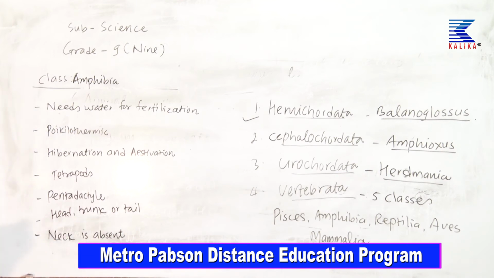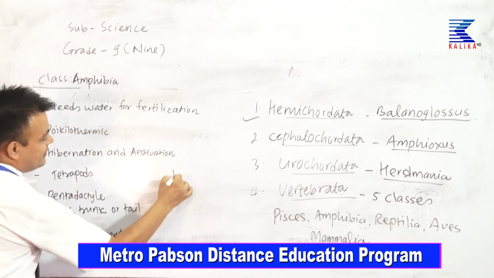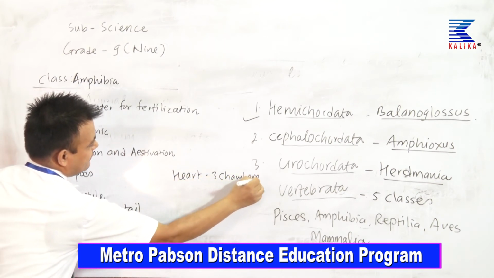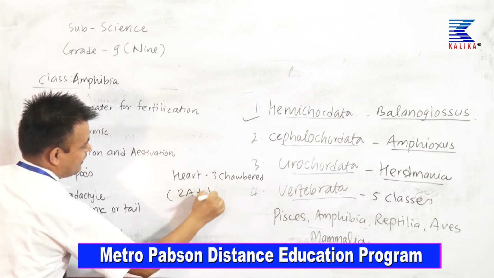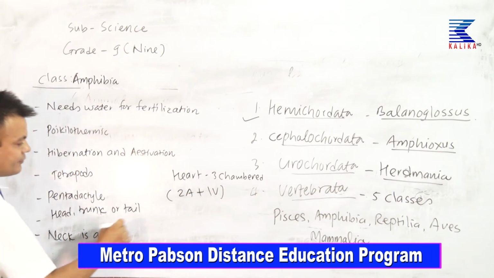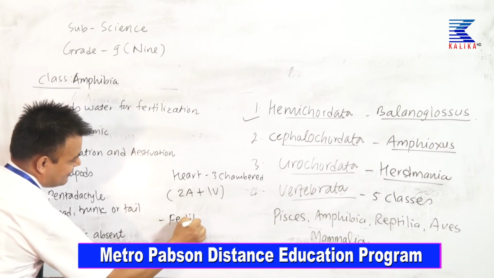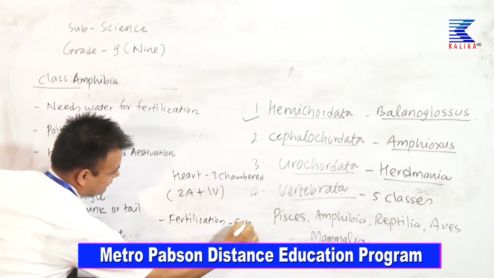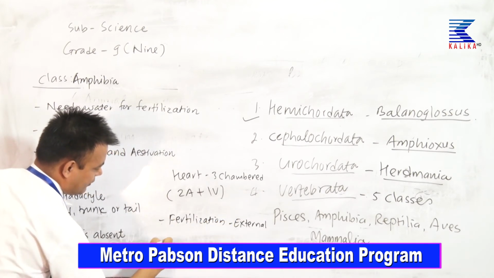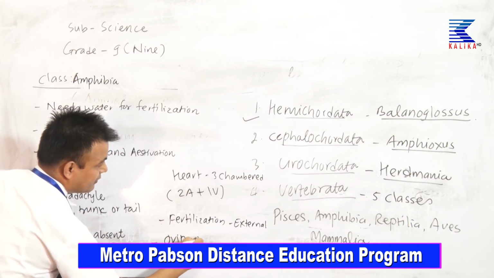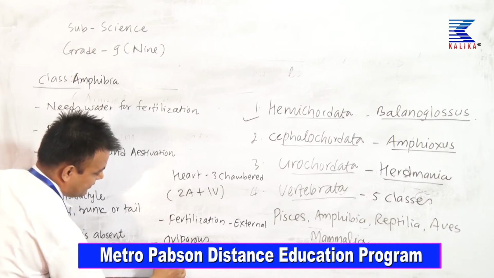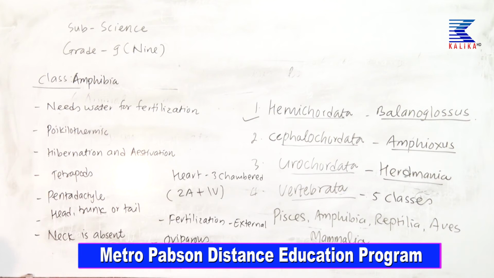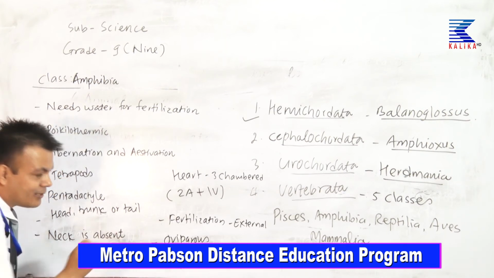The heart is 3-chambered, 2 auricles and 1 ventricle. Fertilization is external. Oviparous. And the development is indirect with the help of a larva called the tadpole larva. So have a look.